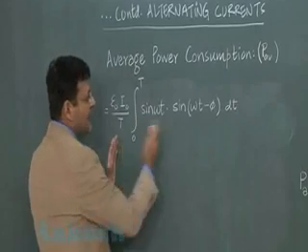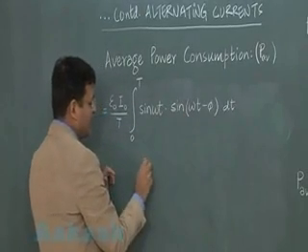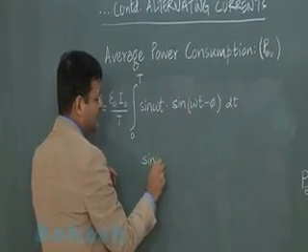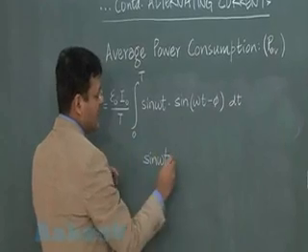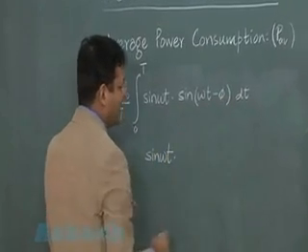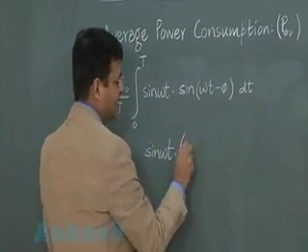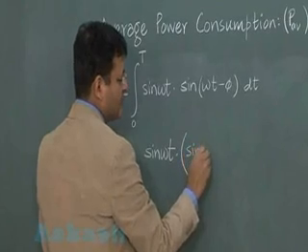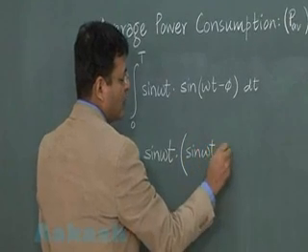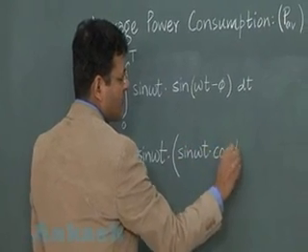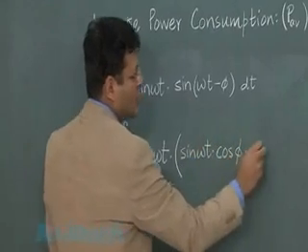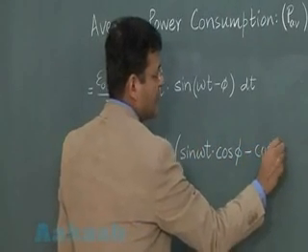In case you expand this thing, then you see it will be sin omega t here for this, and this sin omega t minus phi can be written as sin omega t into cos phi minus cos omega t into sin phi.